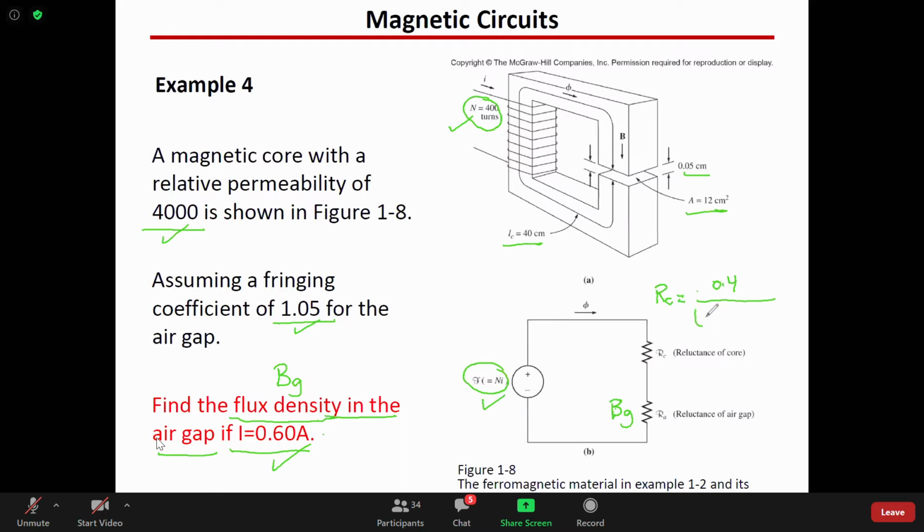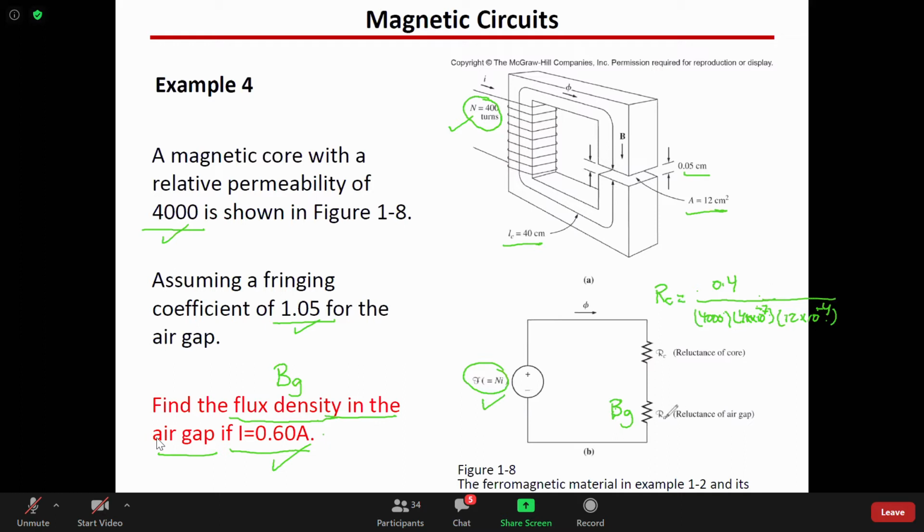Divided by mu_R, which is given also, 4,000, multiplied by 4 pi by 10 to the power minus 7, which is a constant, multiplied by A, the cross-sectional area of the core, which is 12. So yes, we can find R_C.